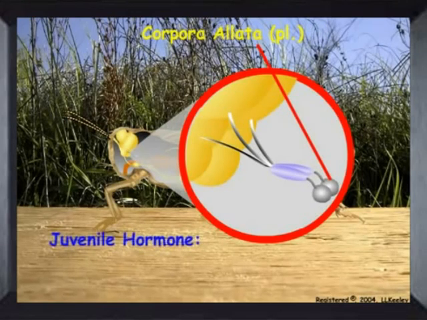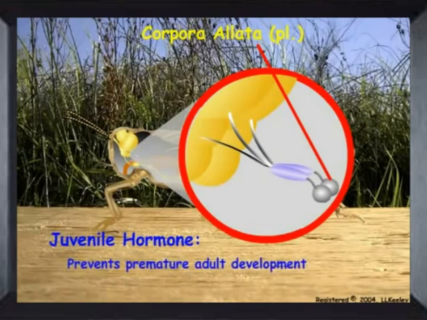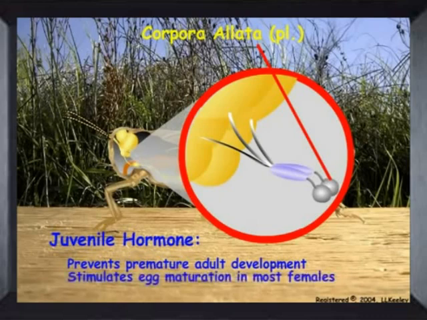The corpora allata is associated with the corpora cardiaca, but they are not part of the neuroendocrine system. Corpora allata synthesize and release juvenile hormone.